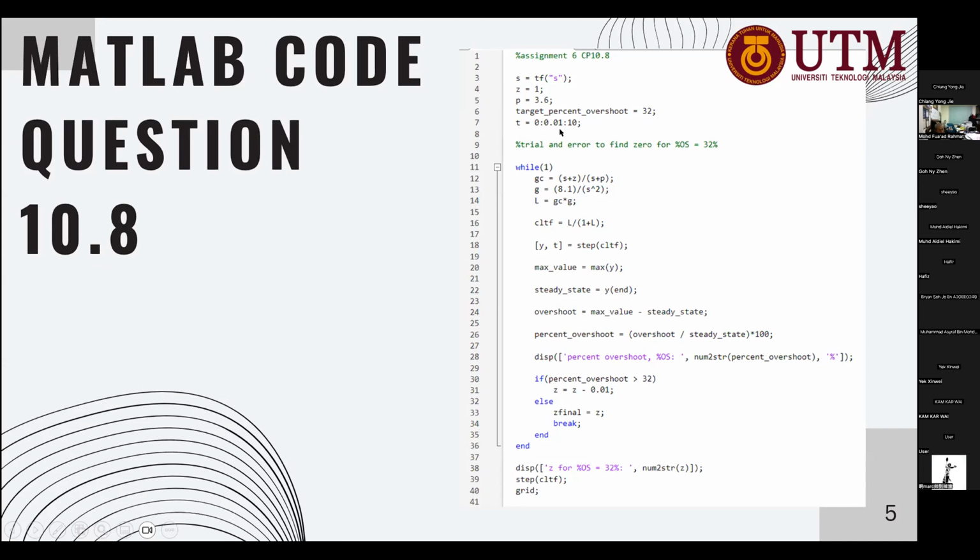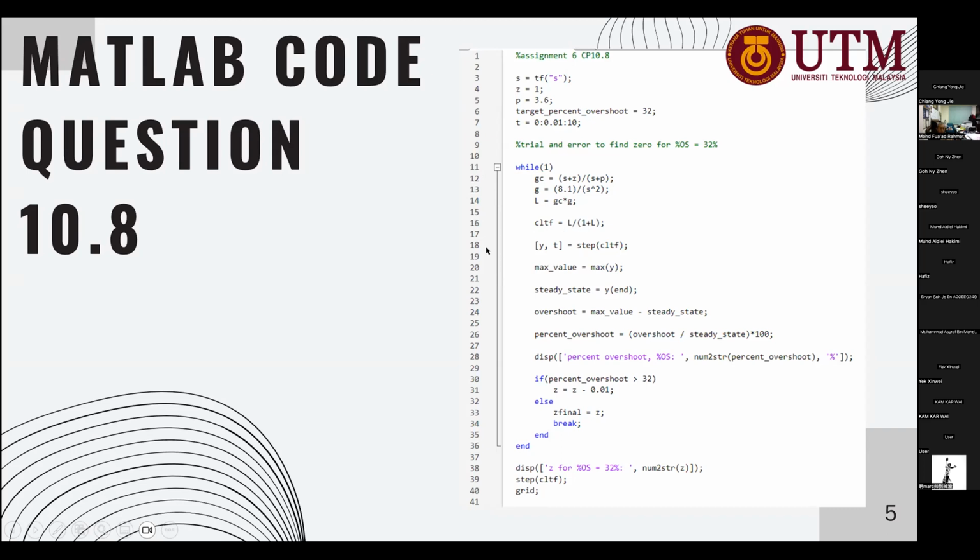This is used later in the transfer function. So line 11 is the loop. And then lines 12 to 14 is the transfer function, how we type the closed loop transfer function. Until line 16 is the closed loop transfer function.